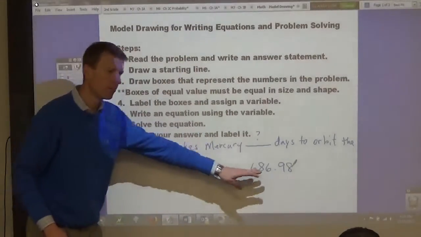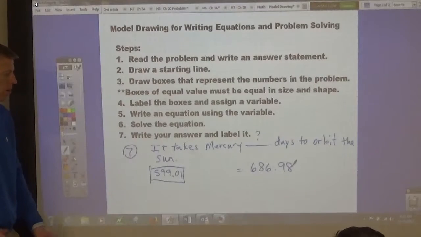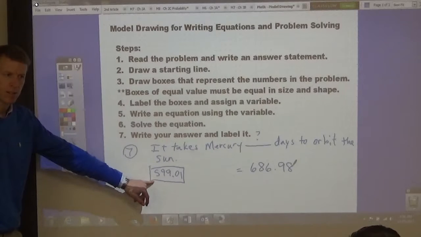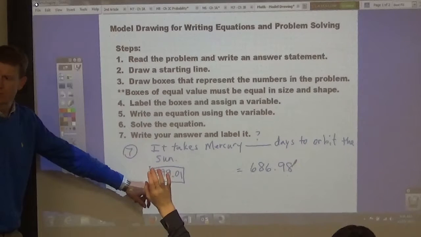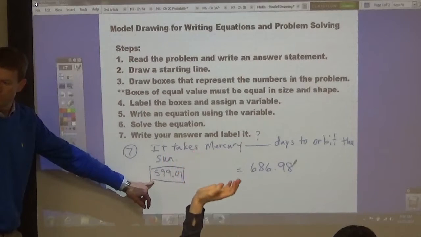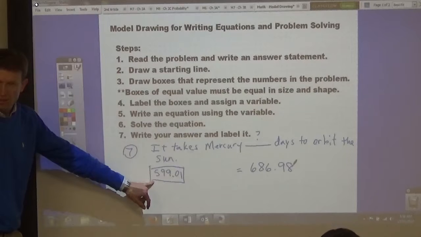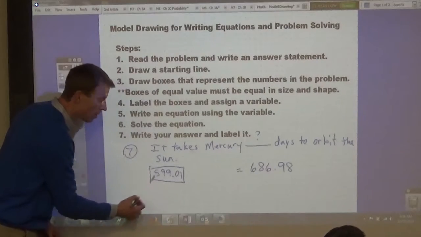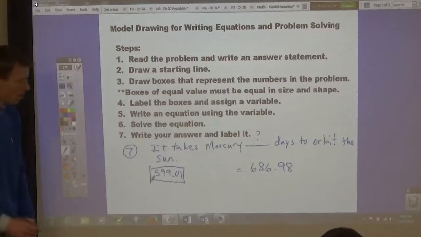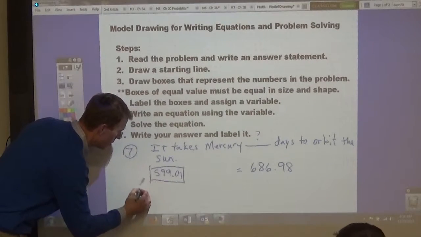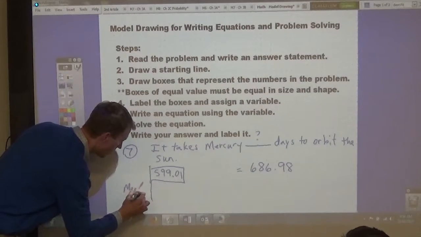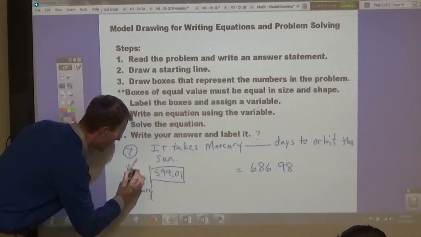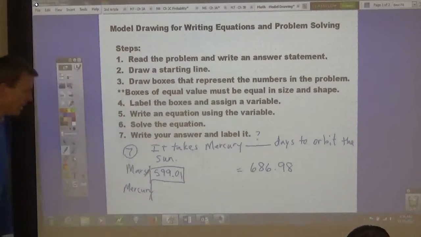So that's the total. No. What are we missing yet? Well, we don't even know what this number means. How long it took to orbit the Sun. Okay, so Mercury is shorter or longer? So then we have to have two bars, one for Mercury, it says about, and one for Mars, right?